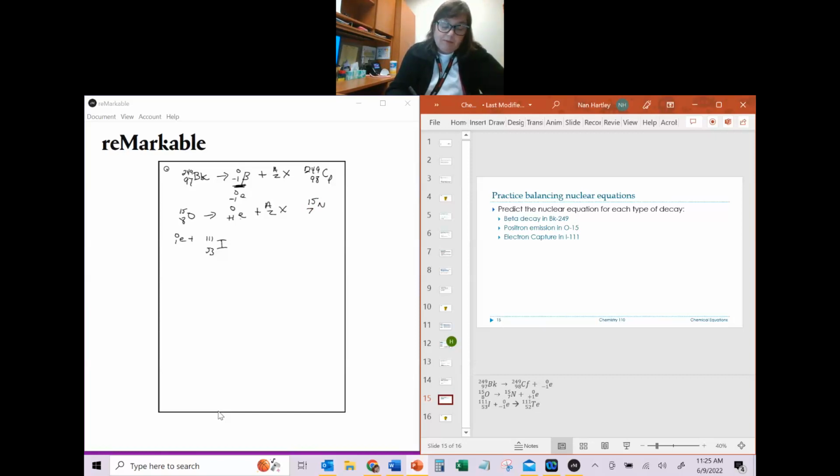And then I have the electron being added to the 111. We're bombarding this with an electron, which then gives me a product. So 0 plus 111 is 111. 1 plus 53 is 54. 54 is XE.